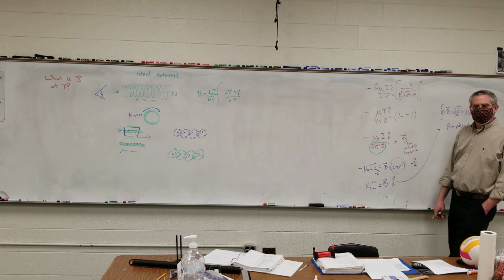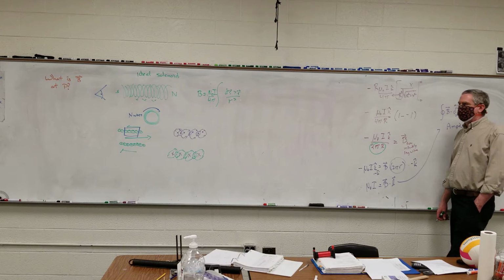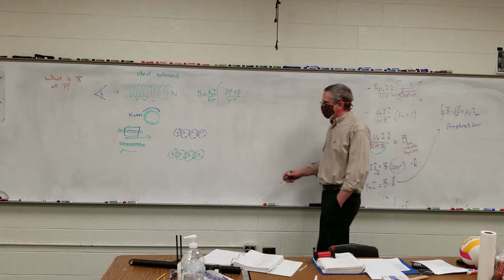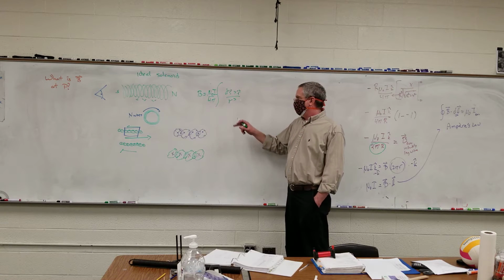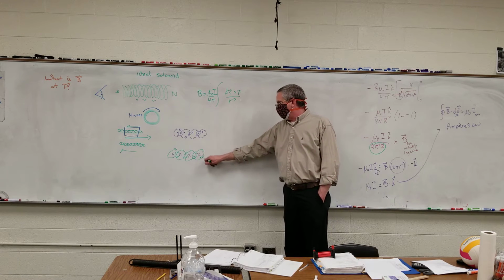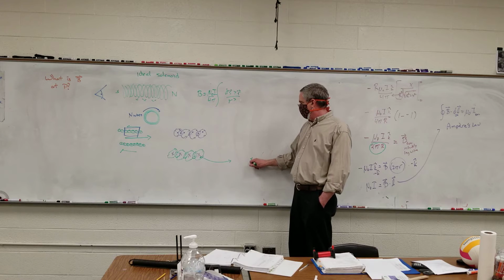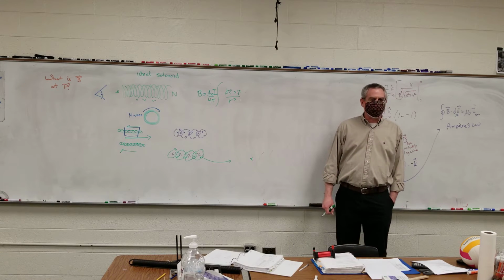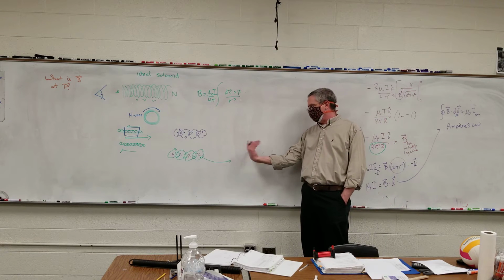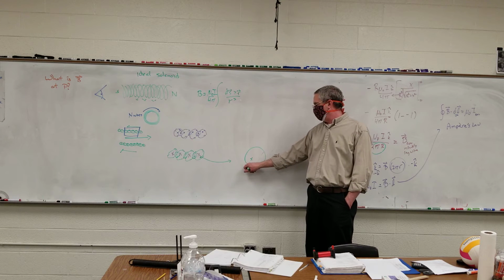However, we have an ideal solenoid here. If I think about, let's just take this one right here. My current's flowing into the board, magnetic field's flowing clockwise, flowing around like this.